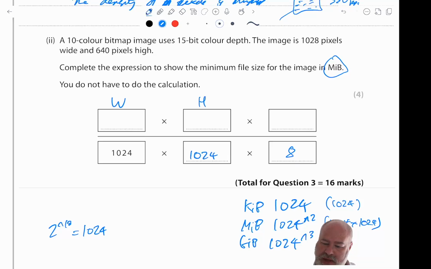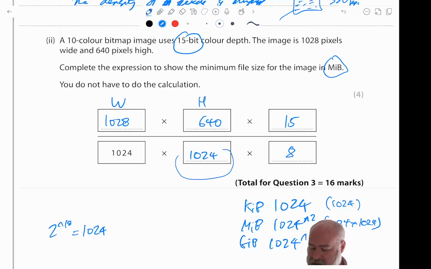So the bit depth here is 15, and the width and height are 1028 and 640. So there are 4 marks there. You'll definitely need to remember this to get a mark, and remember the numerator. This 10 doesn't really feature in there. It's potentially a bit of a red herring.